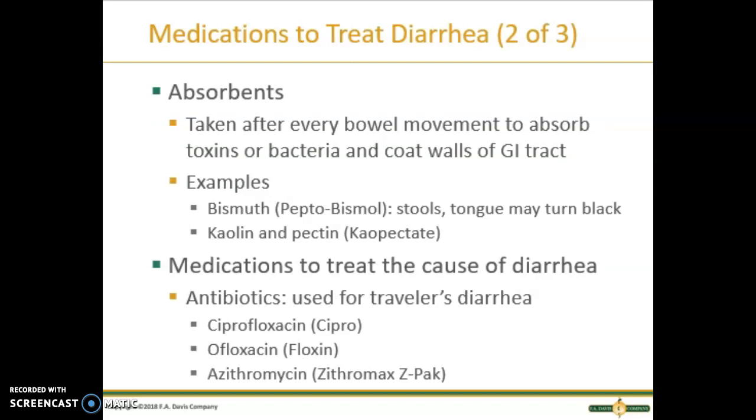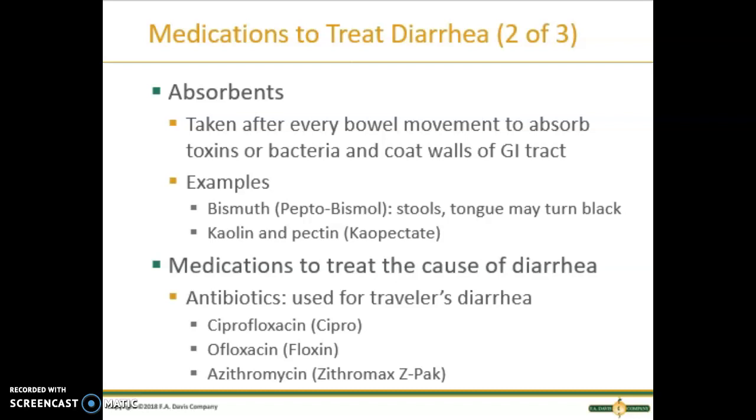Absorbent antidiarrheal medications are taken after every bowel movement to absorb toxins or bacteria and to coat the walls of the GI tract. Examples, Pepto-Bismol, the pink stuff. And just a little side note that's normal in the use of Pepto-Bismol, stools and tongue may turn black, and this is because of the bismuth in there.